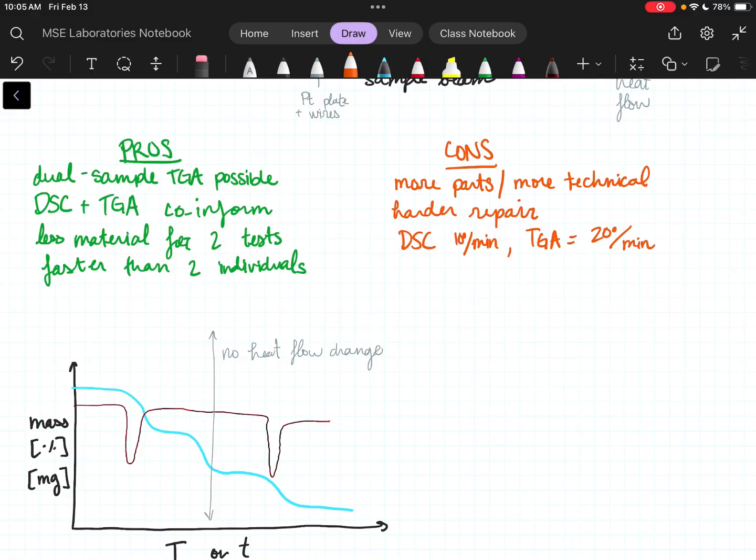With DSC, we just do 10 degrees per minute. That is across the board the recommended rate, unless you have a very good reason to change it. TGA, I don't think we have as set a speed. We're not like, this is always how TGA should be run. But 20 degrees per minute is more standard in a TGA run. So we have to choose one that's going to work for the other.